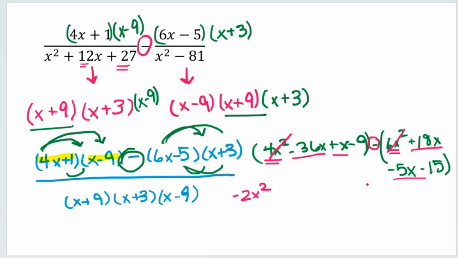So we have negative 36 plus 1. And then again, we need to make sure we are distributing that minus. So minus 18 and then minus a negative 5 or add 5, whichever one you're more comfortable doing. And that gets me a negative 48x.